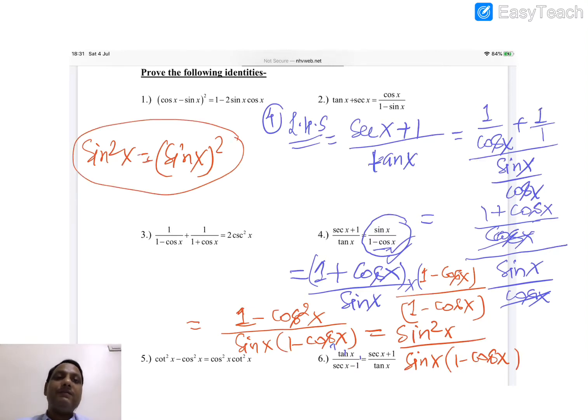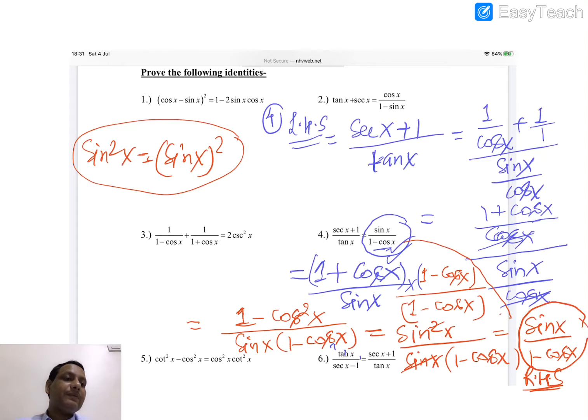So this is a very important part. For that reason, one sin is going to cut from here, so you are going to get finally sin x over 1 minus cos x. So this is your right hand side, and we already have here the thing we had to prove.